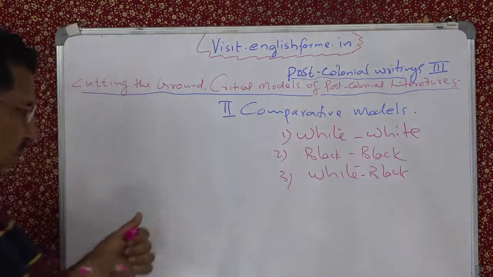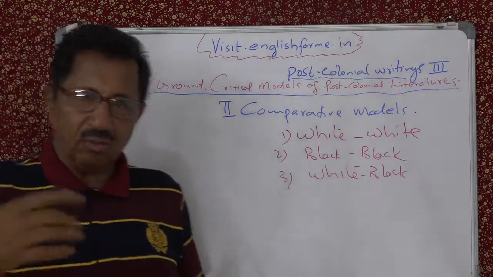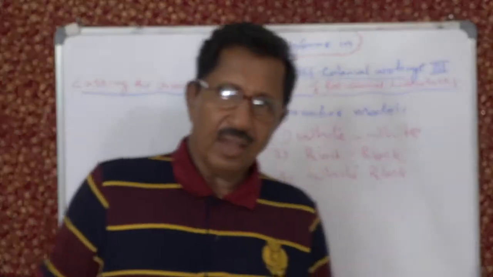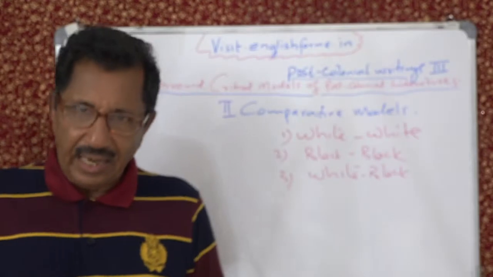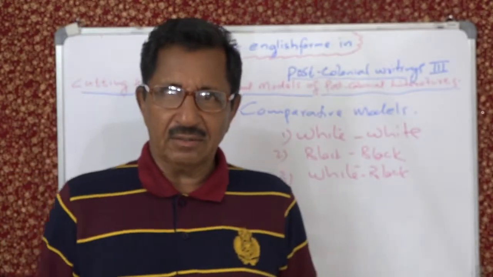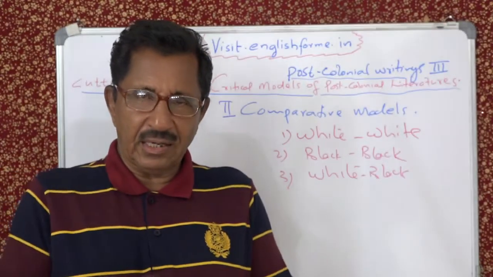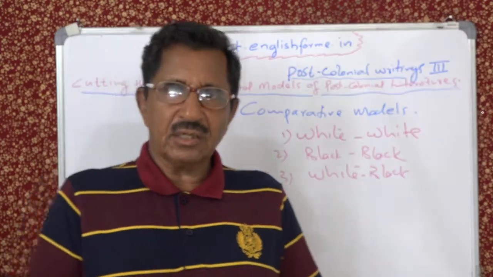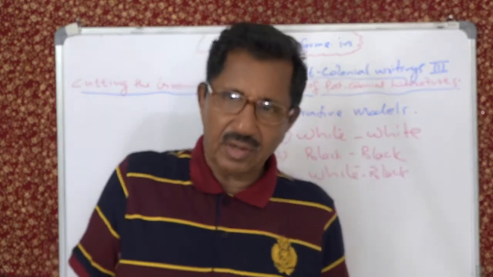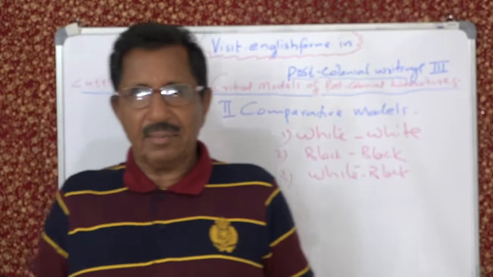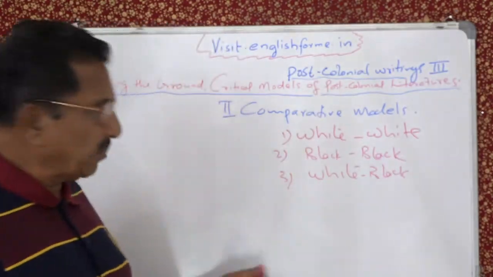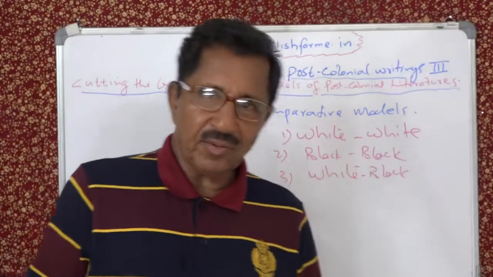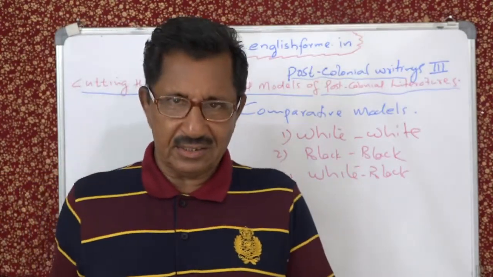White-white is, say, US and Australia, Canada and Australia, US and Canada, Canada and New Zealand. So the writings in those countries will be compared. When you compare, there is a comparison between white and white. Understand? Now black: comparison between African nations, African countries.